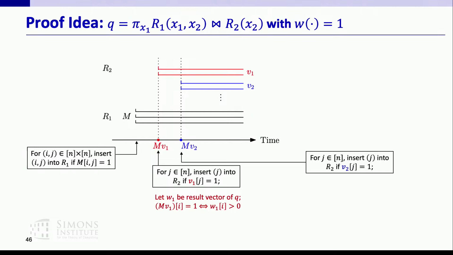Then we encode v2 by R2 again, but now we use their difference to simulate the result of M v2. So we don't have any deletion there, but we can use the difference between the aggregations to see the result of M v2.